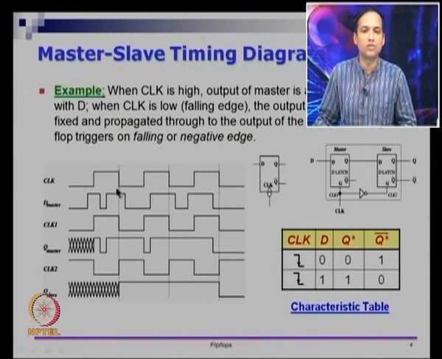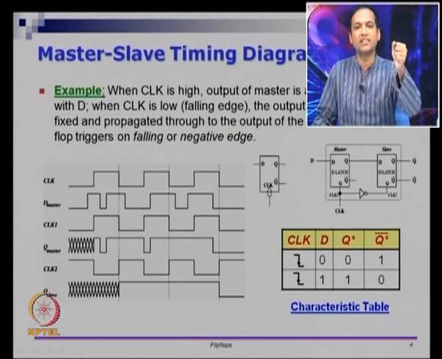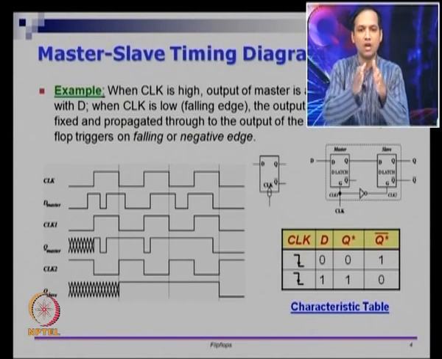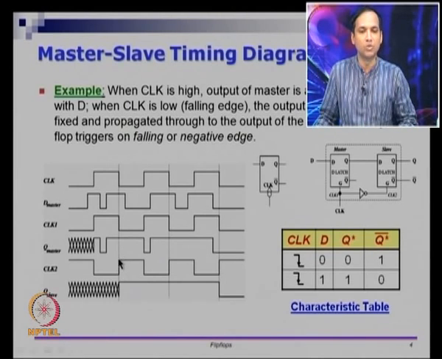D master is at 1. I am going to sample it at just one instant, the moment when the clock is going from 1 to 0, I am going to observe the value of D. I will retain that as the value till the next negative edge comes in.